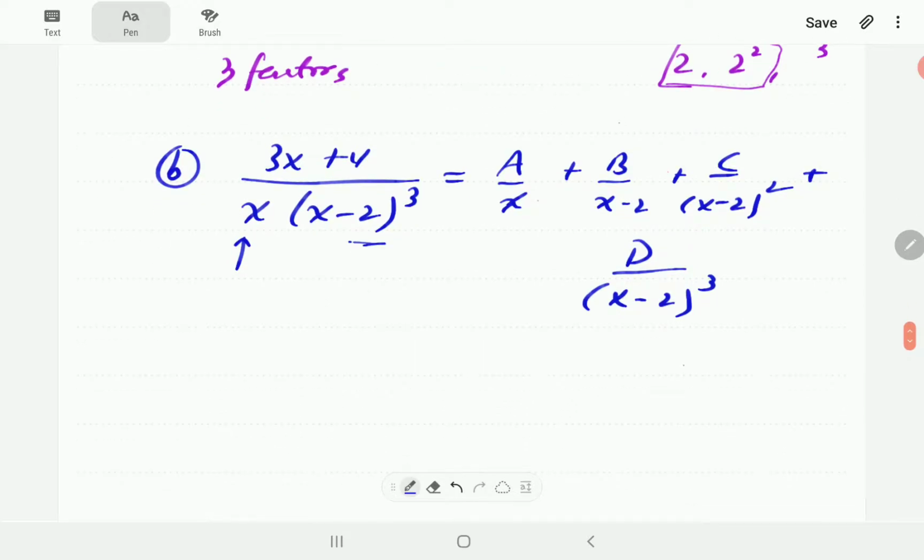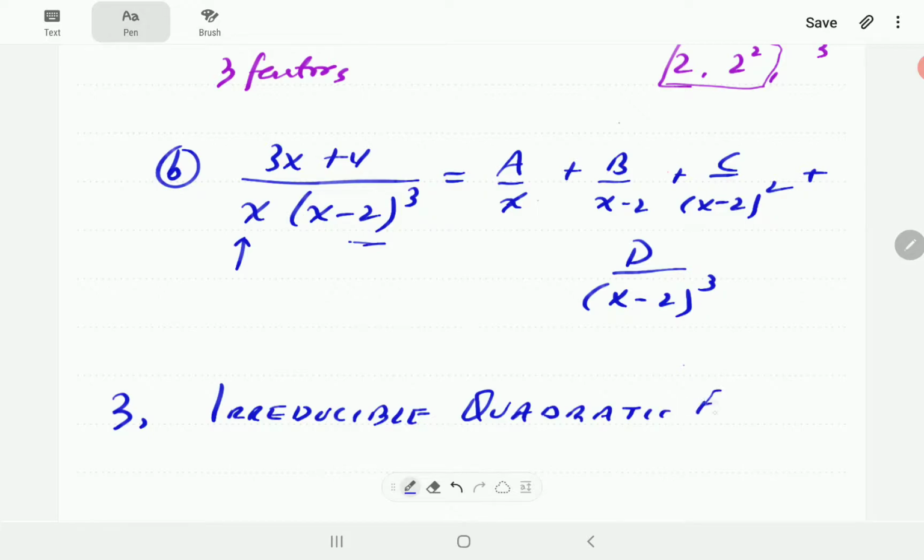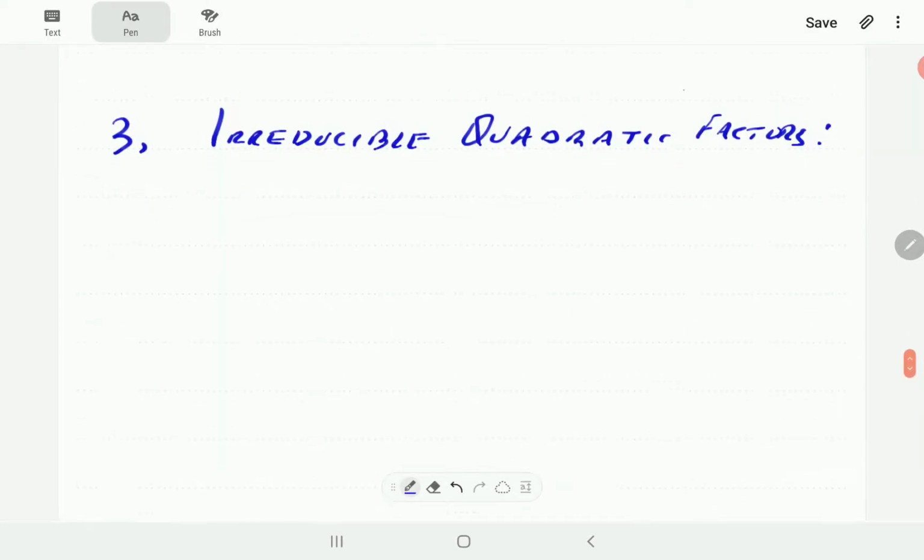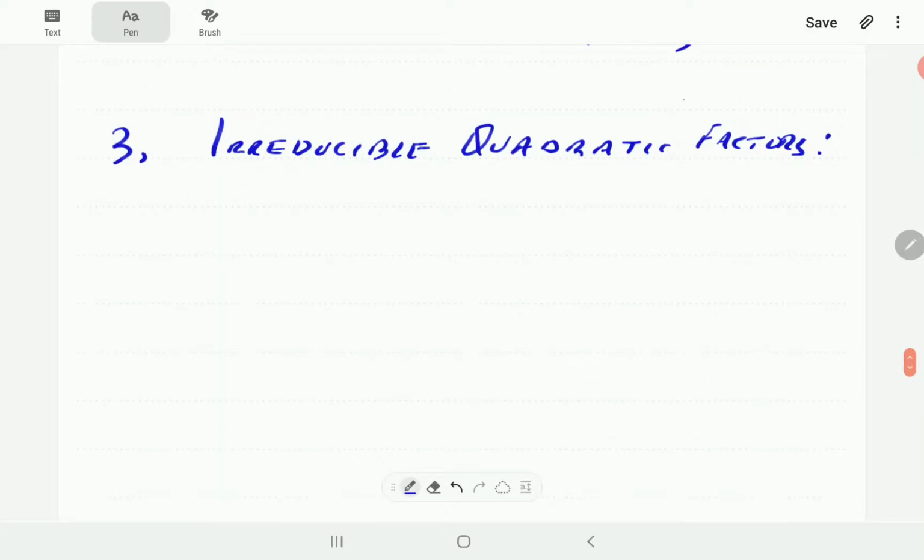Okay, then in case number 3, this is the case where we've got irreducible quadratic factors. Okay, so these are quadratic factors which cannot be factorized. So to each quadratic factor there is going to be a corresponding partial fraction.